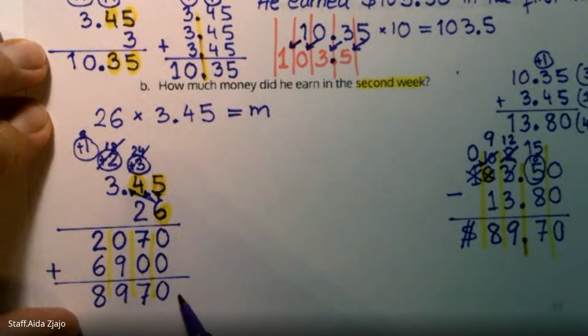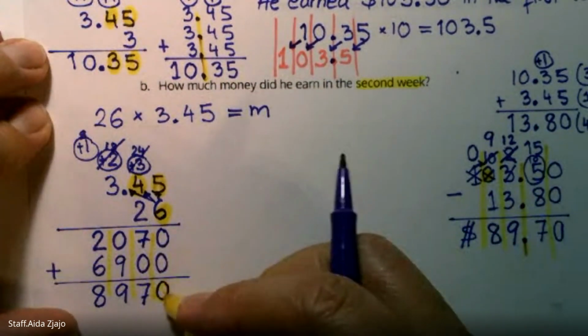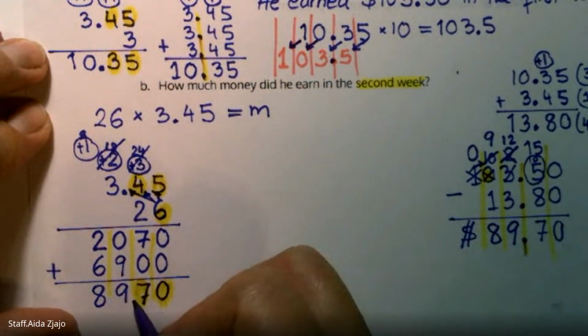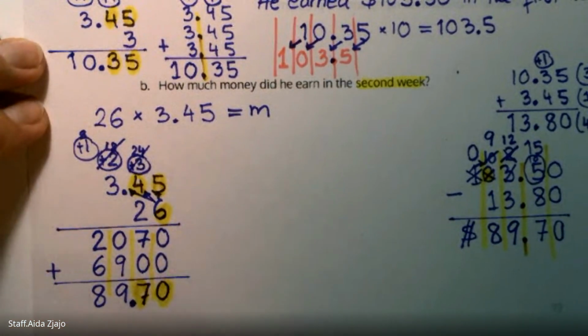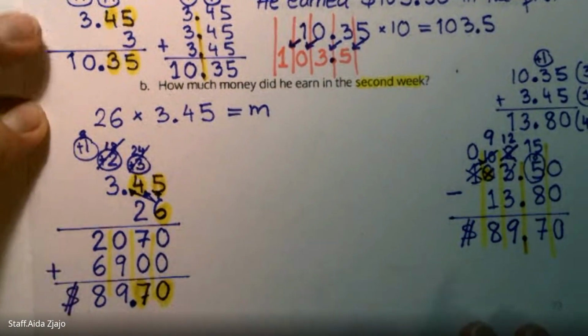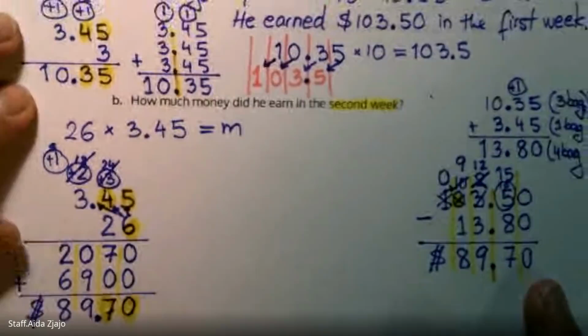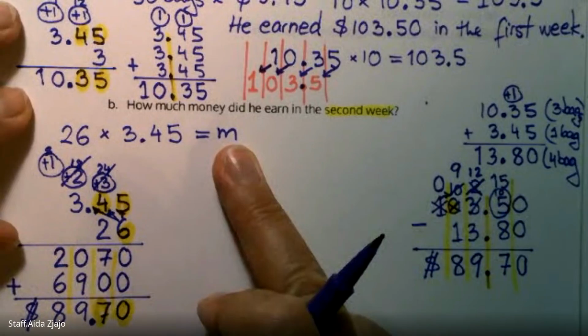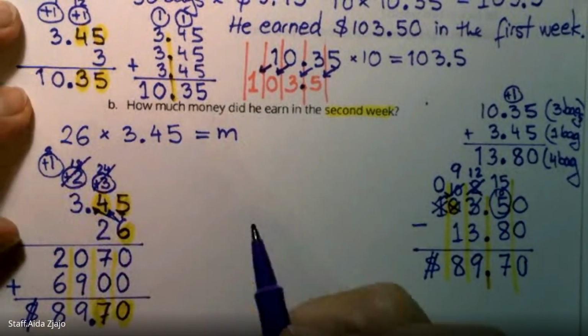So in our answer, they have to come into the hundredths. So that means this is where the decimal is going to be. And I just proved that the standard algorithm is the same as the logical thinking, to find the money for 26 bags.